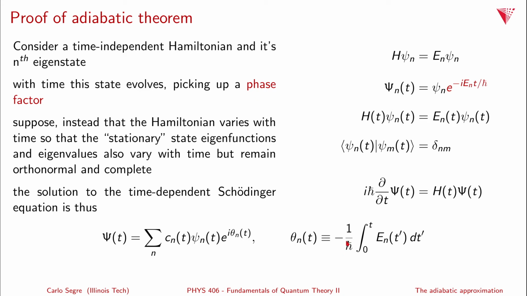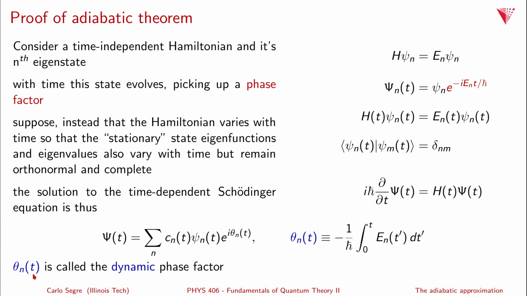So theta sub n is minus 1 over h bar, integral from 0 to the time of interest, t, of E sub n of t prime dt prime. And this takes into account the change of energy as a function of time. And that gives you a built-up integration phase factor that depends on time t, but it's sort of the sum of all the energies that come up to that time t.